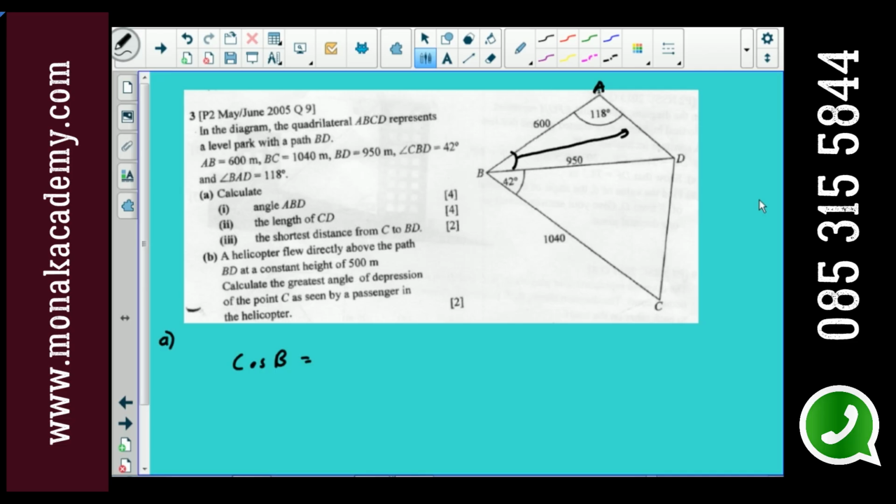So what we can do, we can be smart about it, right? How? We know a triangle has got just 3 angles, isn't it? So if we find 2 of them, we'll be able to find the 3rd one. Is that correct? If we find at least 2 of them, we should be able to find the other one.